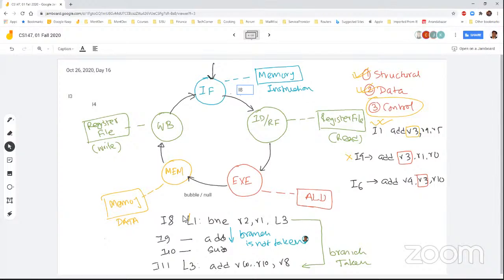Okay. Now let's say I8 is my BNE. We fetched it.